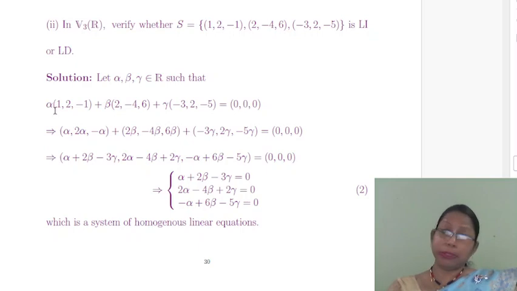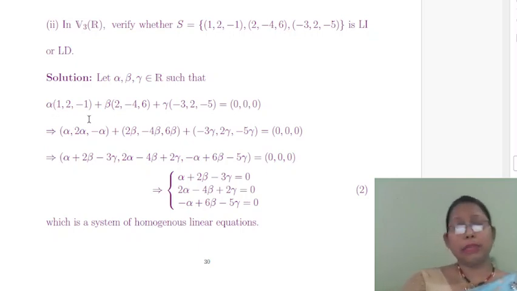Then use the properties of scalar multiplication and addition of tuples, which gives this second step. Then add the elements pairwise and equate the right-hand side and left-hand side, and you will get this. Look here, in the right-hand side the elements are 0.